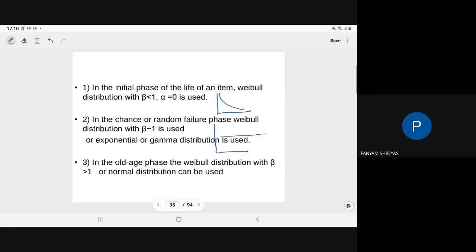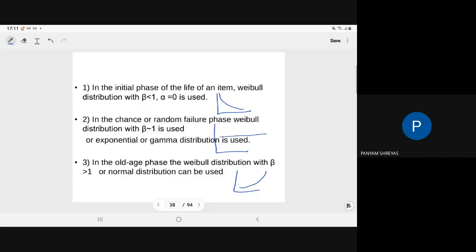The useful phase of the bathtub you can represent using the exponential distribution also. For the exponential distribution also, z is constant, right? Here when we take beta near 1, then also the shape is like this. When beta is greater than 1, then its shape will be increasing. That's why beta is known as the shape parameter. And it represents the third or old phase also.